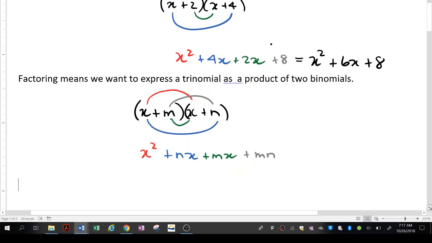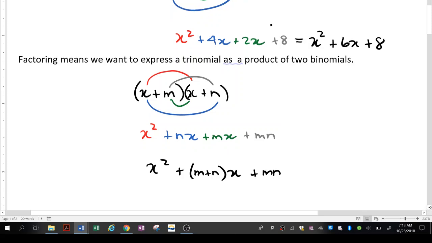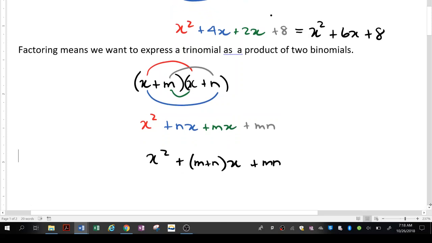And remember that here we can combine these by adding the coefficients. So we would have x squared plus, I'm going to write this in brackets, m plus n times x plus m times n.